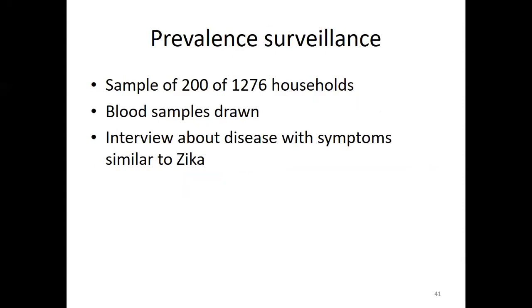One of the reasons that this paper wound up in the New England Journal is because they can really define their study population. They know that there are 1,276 households on the island of Yap. It's a small place. They're able to draw a sample of 200 of those households. They took blood samples and they interviewed the people living in those households about disease with symptoms similar to Zika.